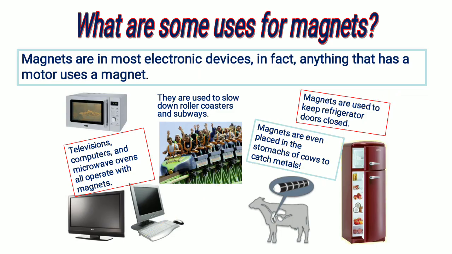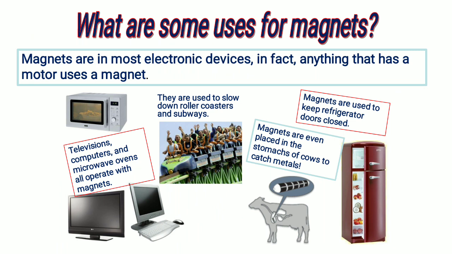Then we are using many applications. All our memory, including pen drive, hard disk, memory card, CD, all are magnetic memories. Then big, huge applications like a roller coaster, the fridge door, computers, and the microwave oven.